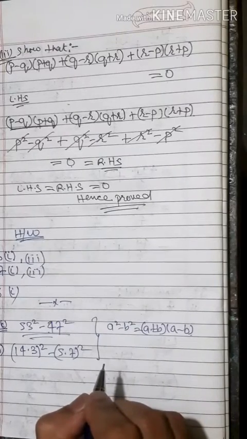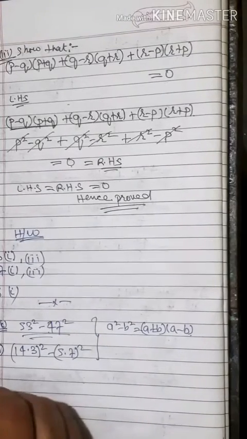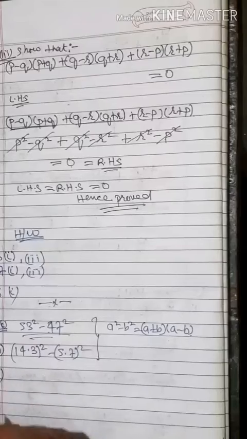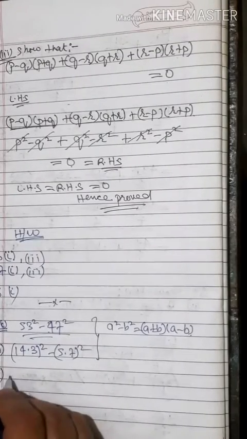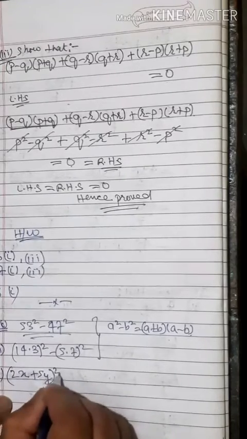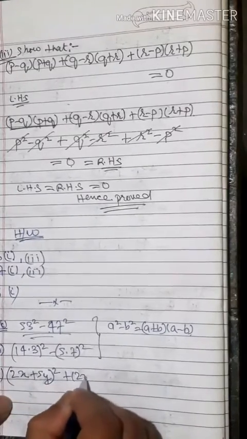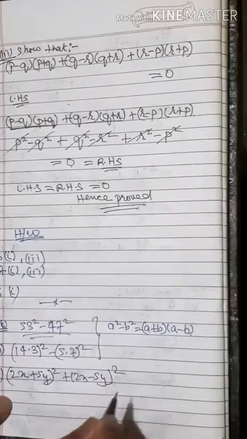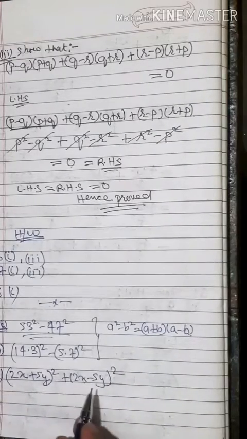Question number 7 Roman 1: 2x plus 5y whole square plus 2x minus 5y whole square. Simplify the following.